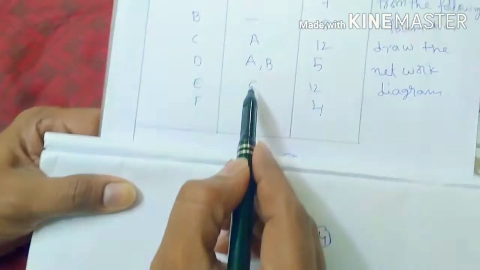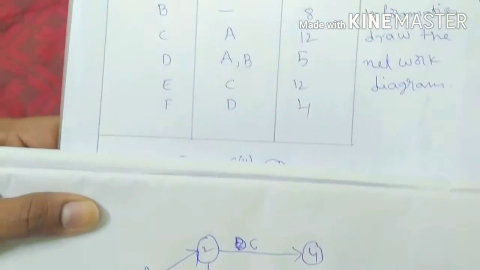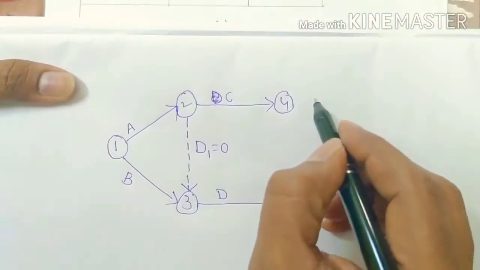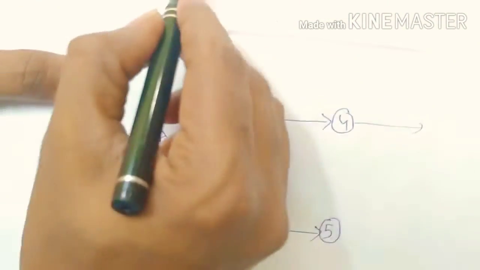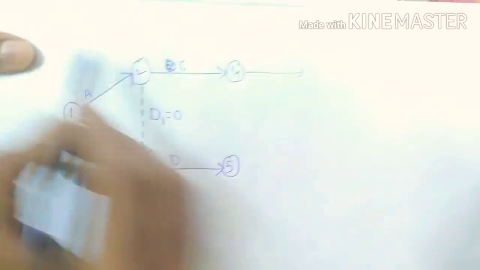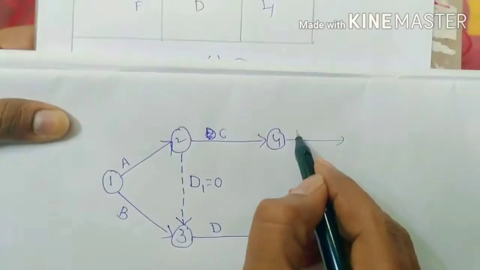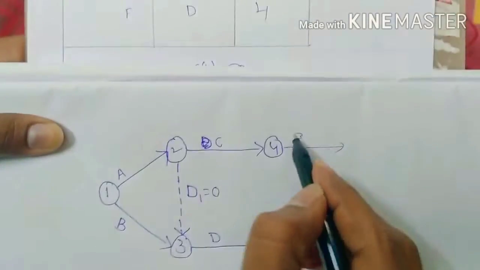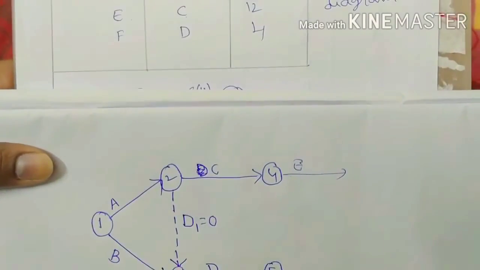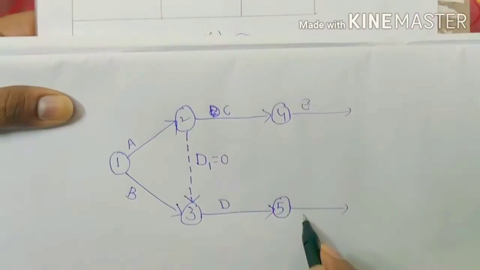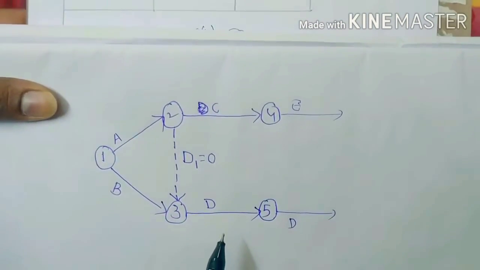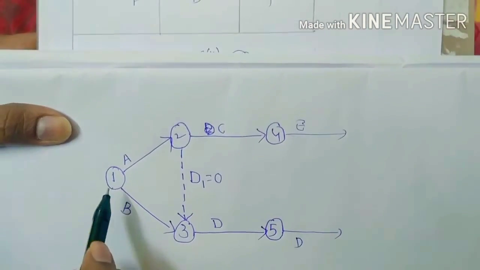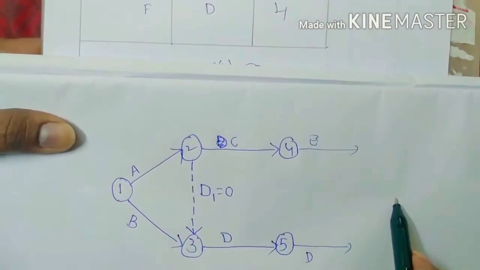Next here F activity will be there. Before F activity, C should be there. Likewise we need to draw. Next here E activity, this is nothing but the E activity. Here, before the F activity, D should be there. Likewise if we mention D we can complete. But here as per the network diagram rules, one starting point and one ending point should be there.